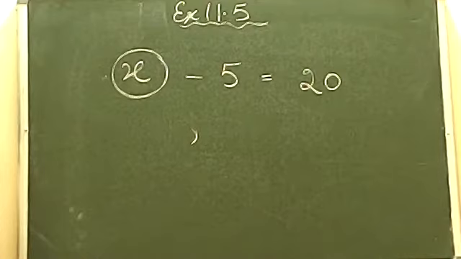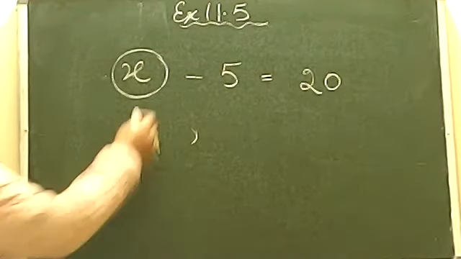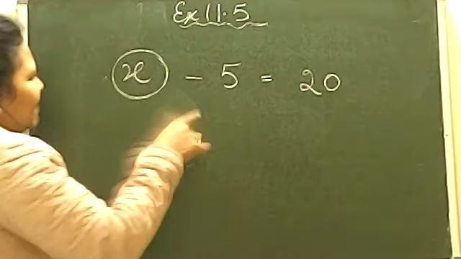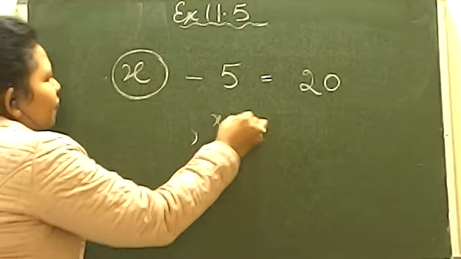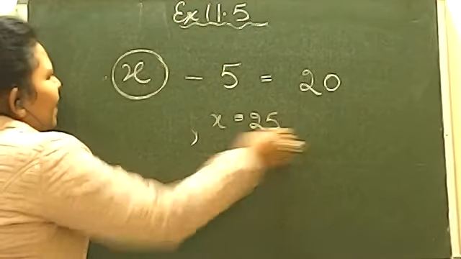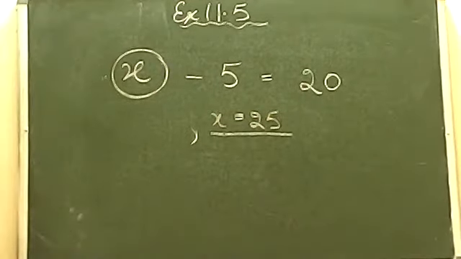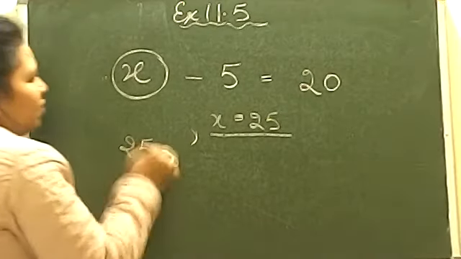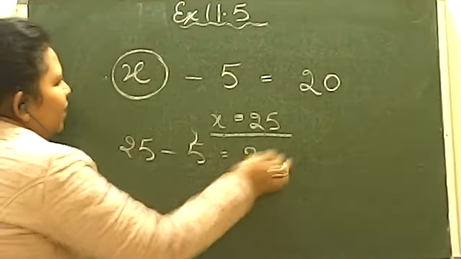Okay, very good. I have started getting the answer from you people and that is also right. Wonderful. So you are all saying the same thing, that ma'am, if we put 25 in place of x, 25 minus 5 will give you 20 only.